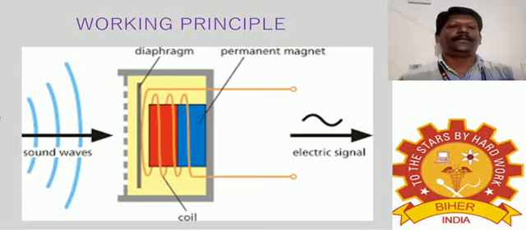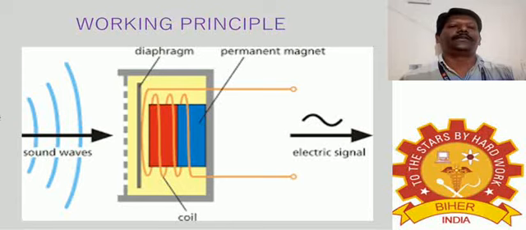Moving coil is attached to the rear side of the diaphragm and also suspended within a magnetic field. So when you produce sound, the vibration of air molecules falls on the diaphragm. So diaphragm moves front and back.